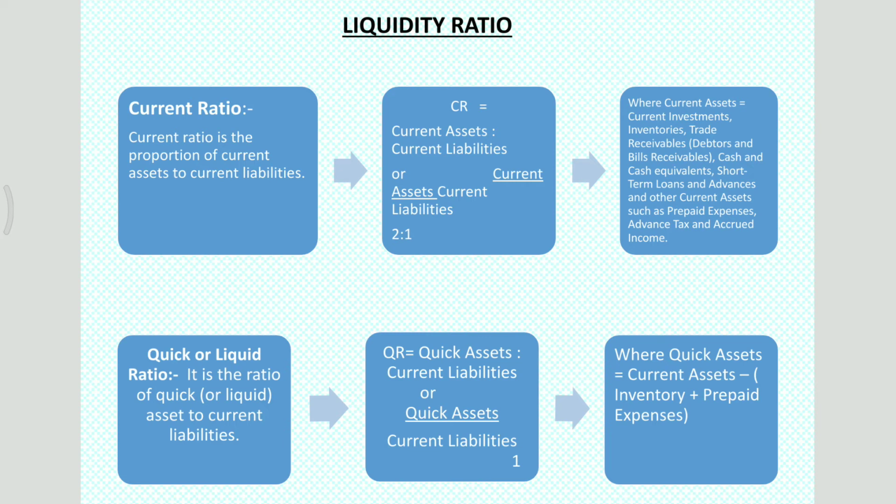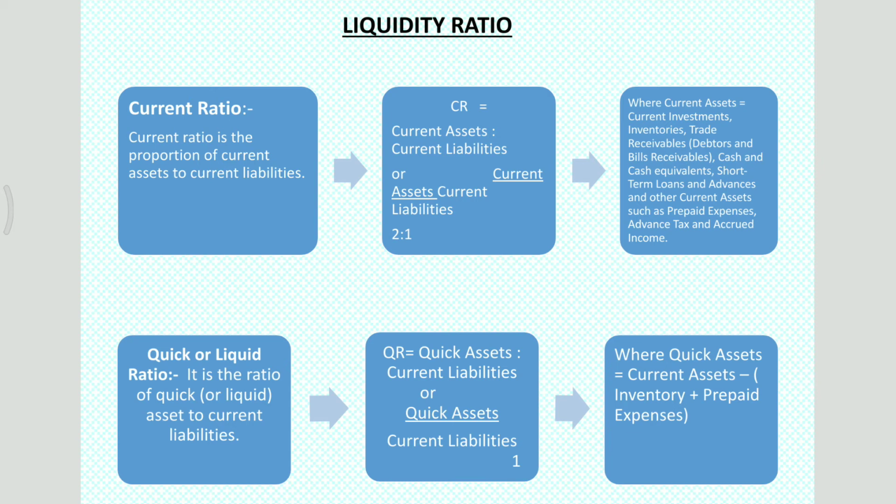Other current liabilities are long-term debt that is going to mature in that year, interest accrued but not due on borrowings, interest accrued and due on borrowings, outstanding expenses, unclaimed dividend, calls in advance, etc., and short-term provisions.